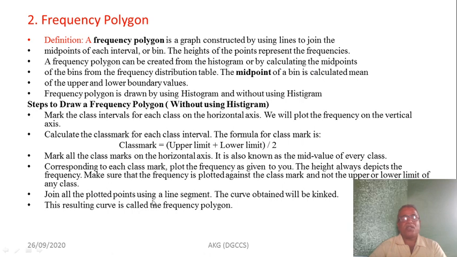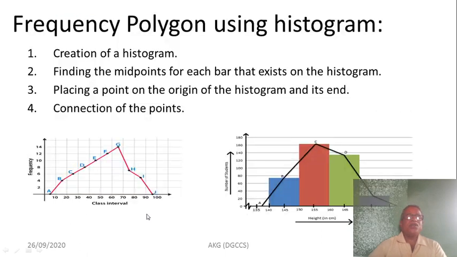Join all the plotted points by using line segments, that means by a straight line. The curve obtained will be a many sided figure, and this resulting curve is called a frequency polygon.